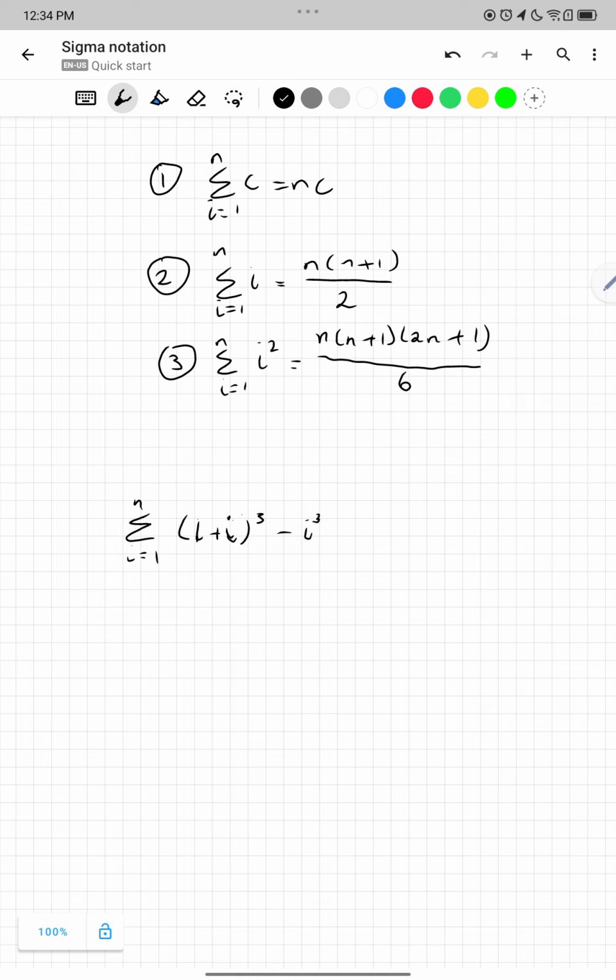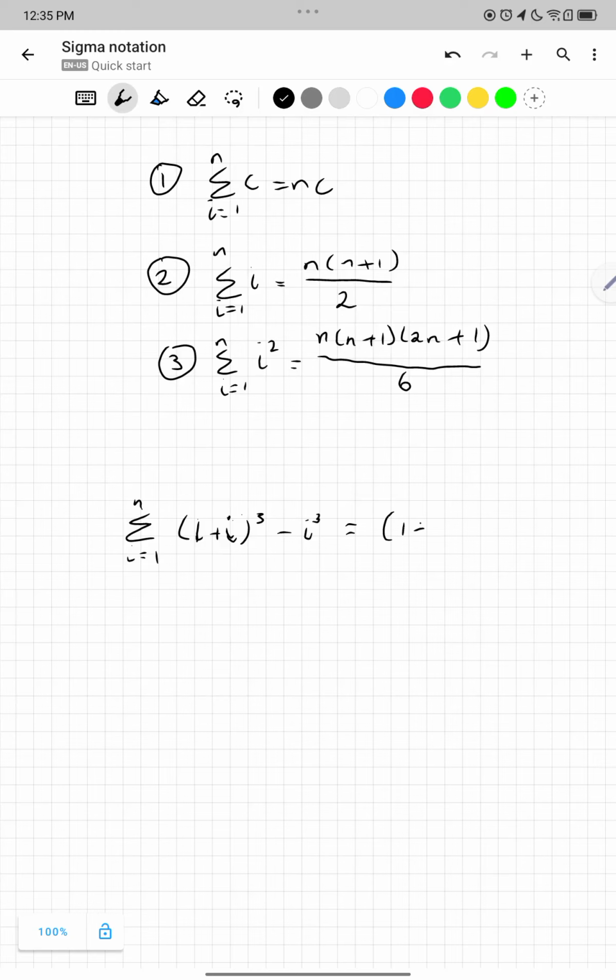And then let's first simplify everything.